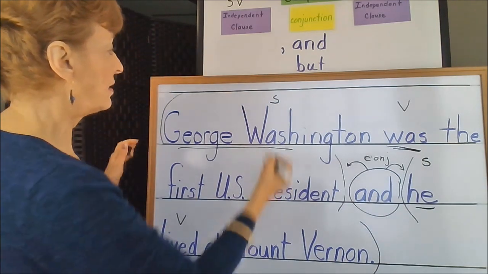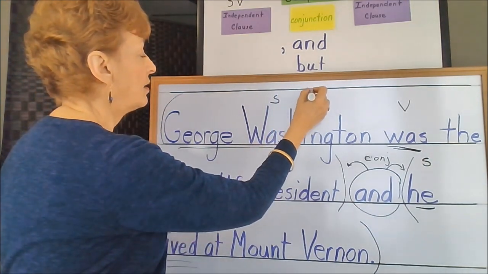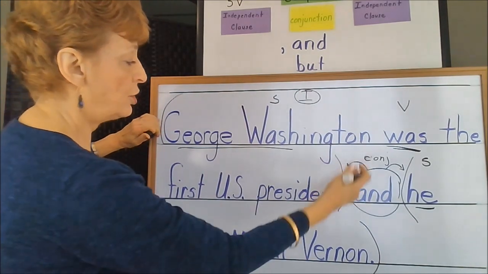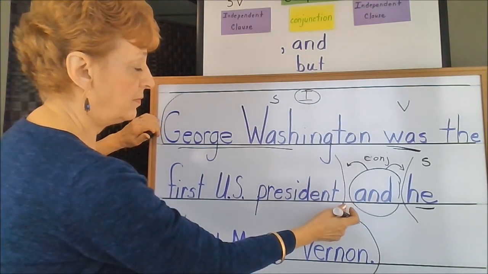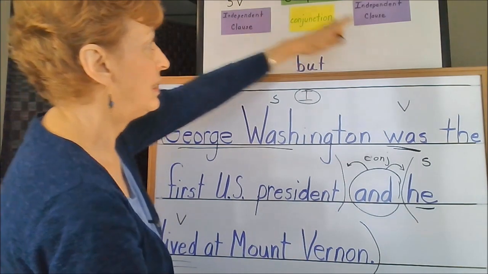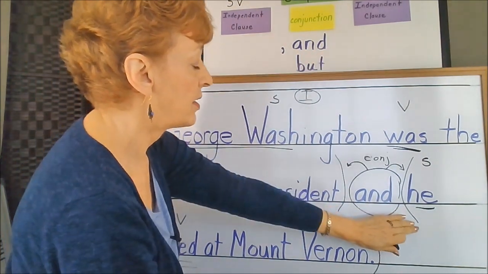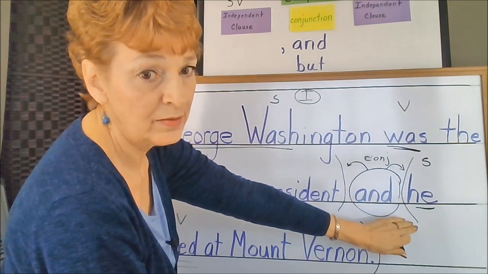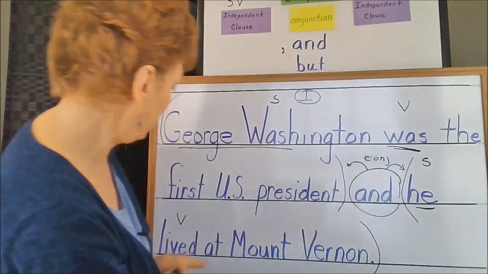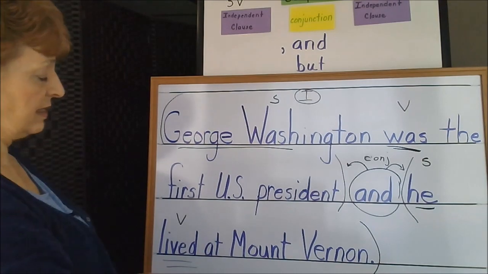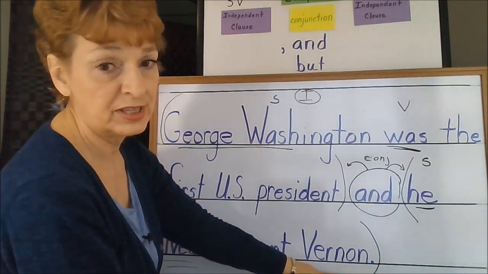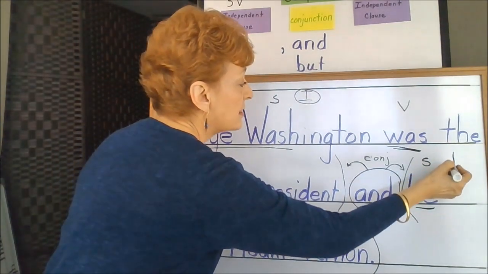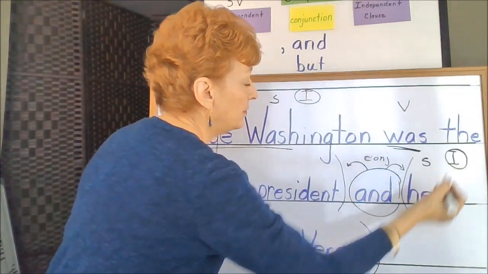One independent clause here that took us from George Washington to the conjunction. And the second independent clause starts right after the conjunction. We're looking again for a subject and verb. He lived, and then to finish it off, at Mount Vernon to the end of the sentence. So this is another independent clause that starts here.